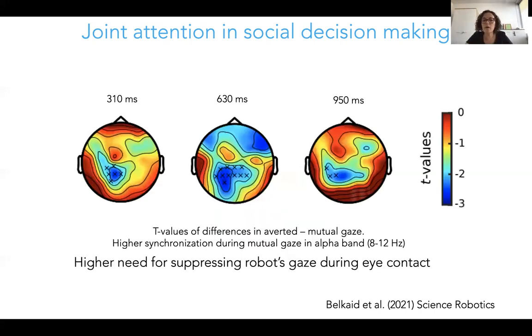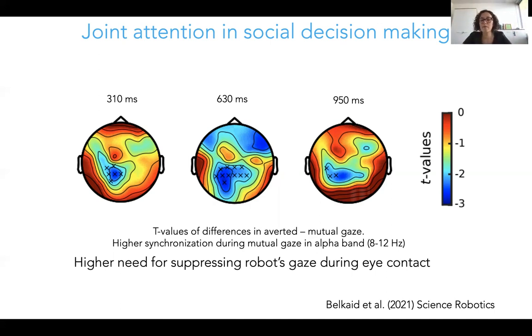And we also looked at EEG during this period. And what you see here is the difference in averted minus mutual gaze. And the little crosses here mark the region where effects were significant. And what you see here, again, is alpha activity, but this time there was higher synchronization in the mutual gaze condition.